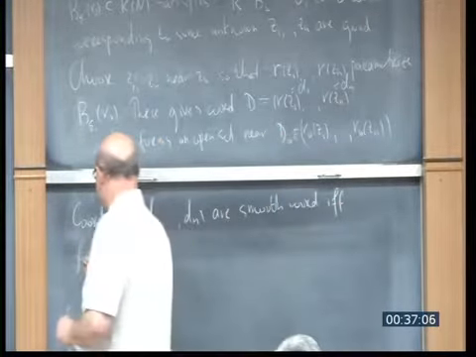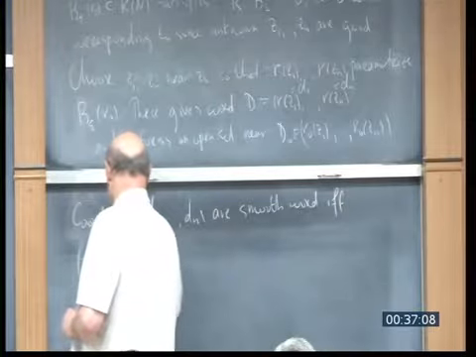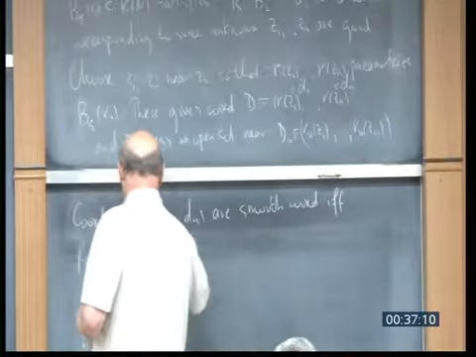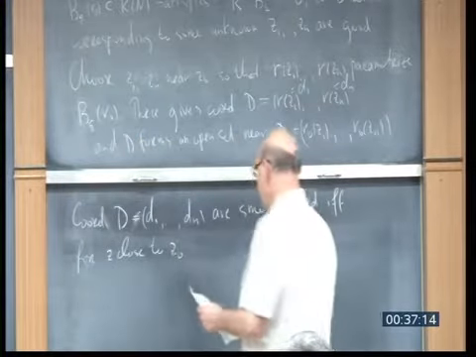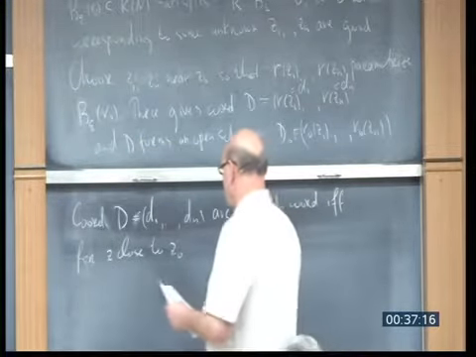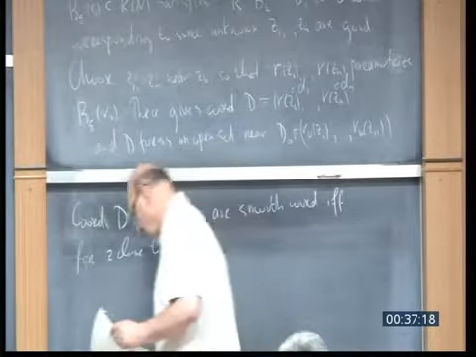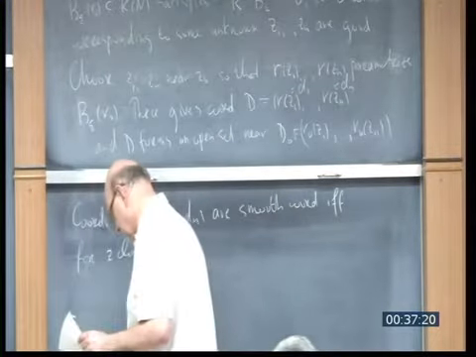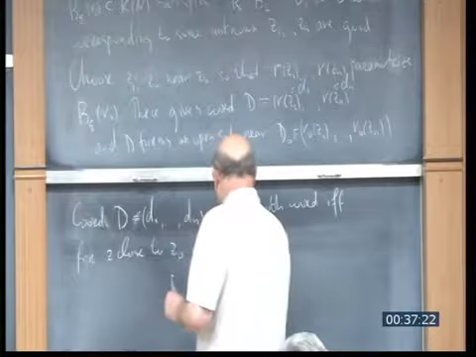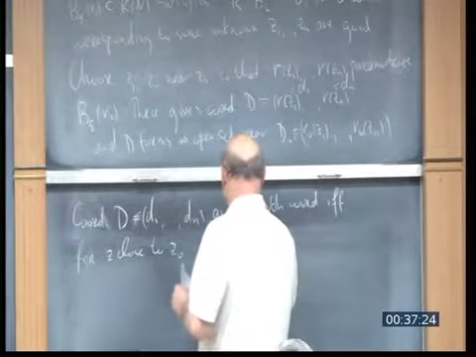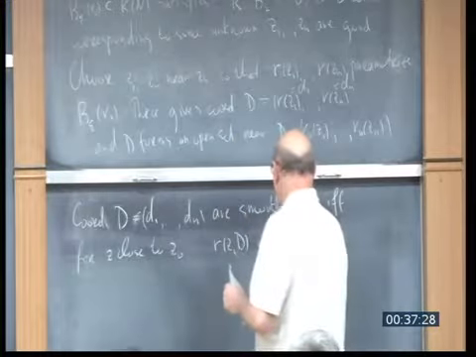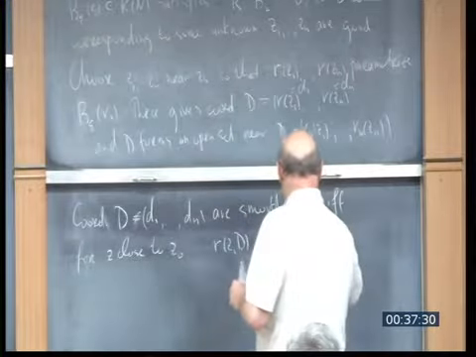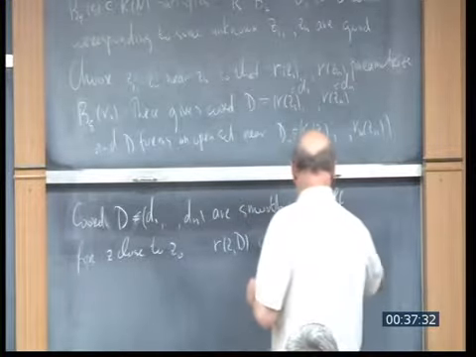For z close to z0, R_z(d) are smooth with respect to d.